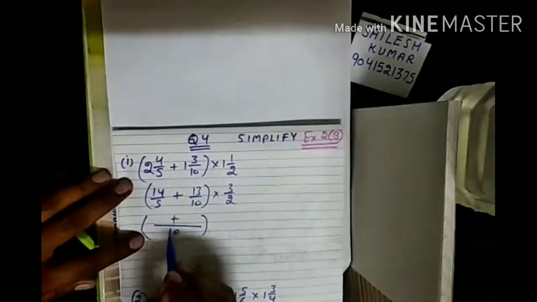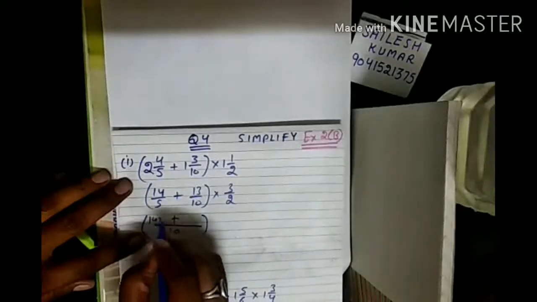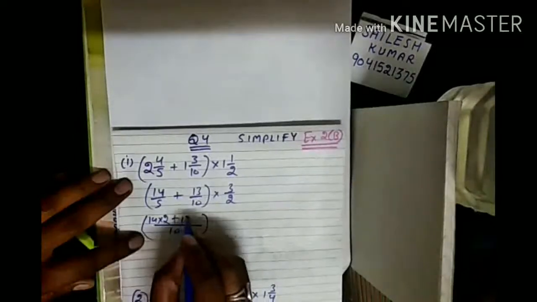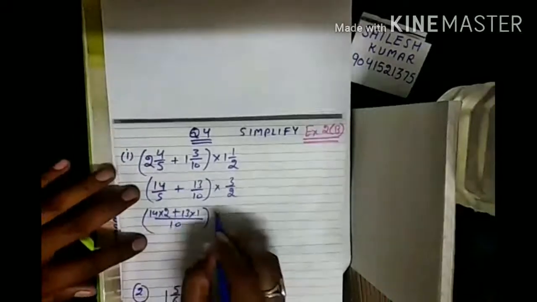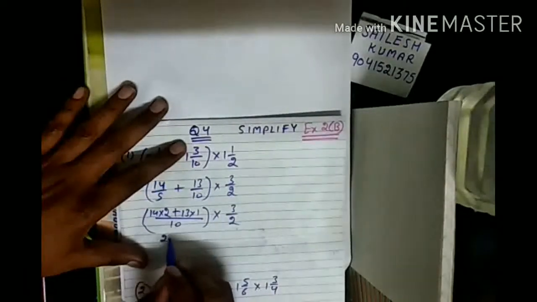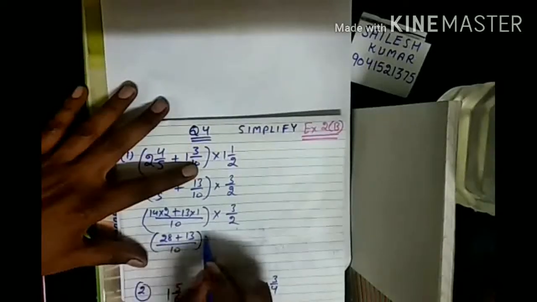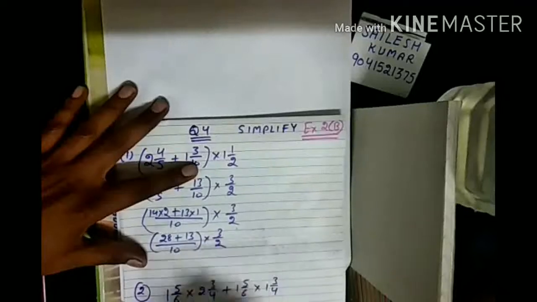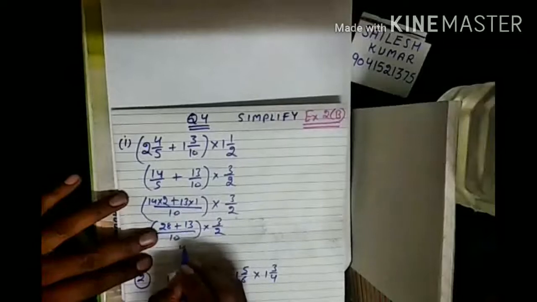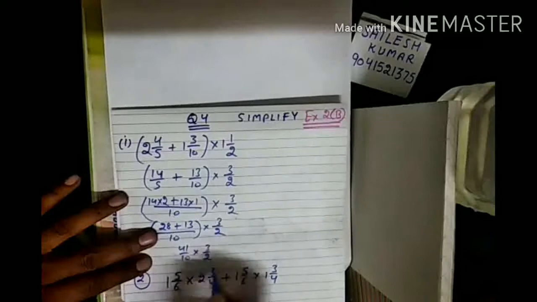Now 10 divided by 5 is 2, and 2 multiply 14. Now 10 divided by 10 is 1, and 13 multiply 1, multiplied by 3 by 2. Now 28 plus 13 is 41. 41 over 10 multiply 3 by 2.